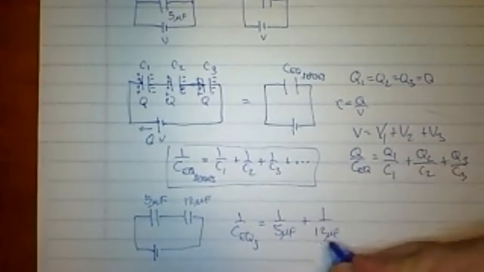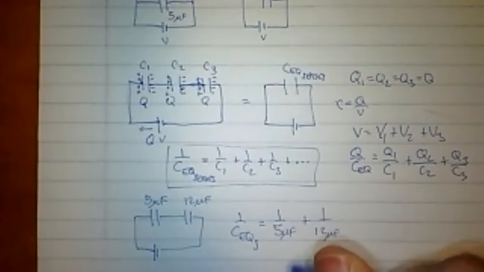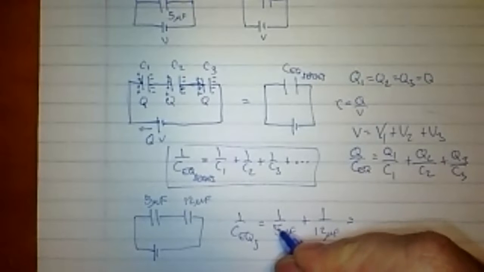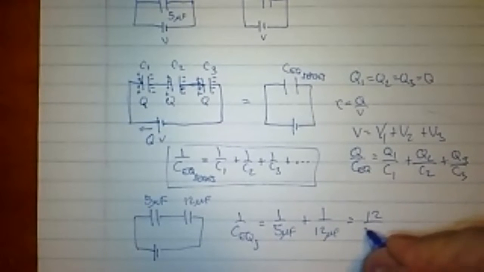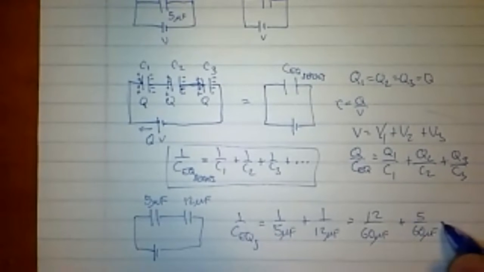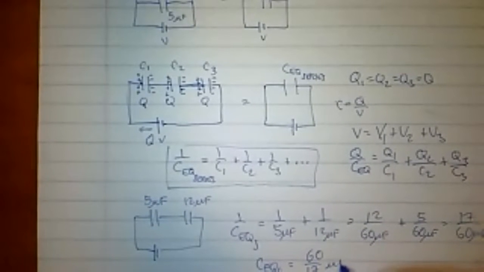Ignoring the units for a little bit, we can see that the least common denominator between 12 and 5 is really 60. So this is going to become 12 over 60 microfarads, and this one's going to become 5 over 60 microfarads. And I'm going to get, of course, 17 over 60 microfarads. So ultimately, C equivalent for series in this case is 60 over 17 microfarads.